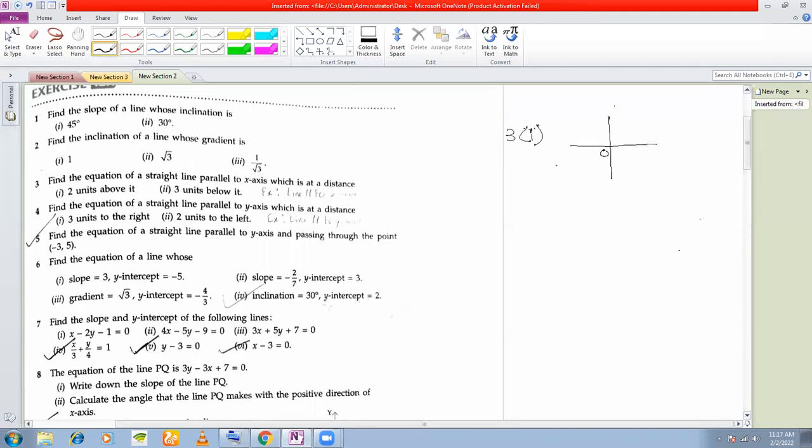This is your axis, and you need to find out the equation of a straight line which is parallel to the x-axis. That means this is your x-axis. This straight line is parallel to the x-axis and 2 units above the x-axis. That means the straight line is here. These two are parallel. So what should be the equation of the line parallel to the x-axis and 2 units above it?